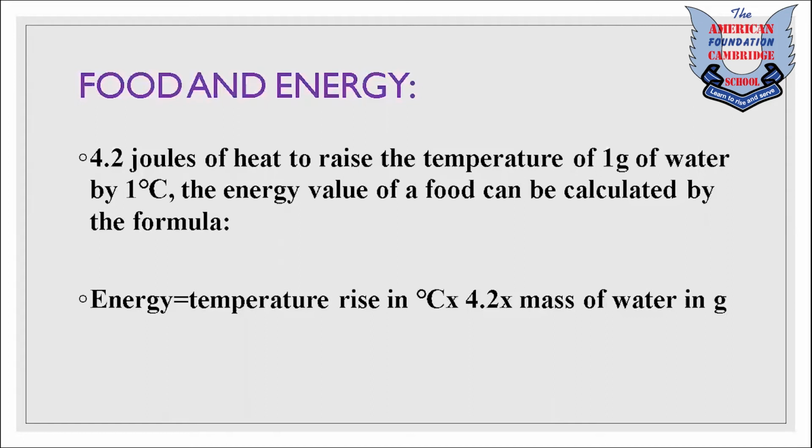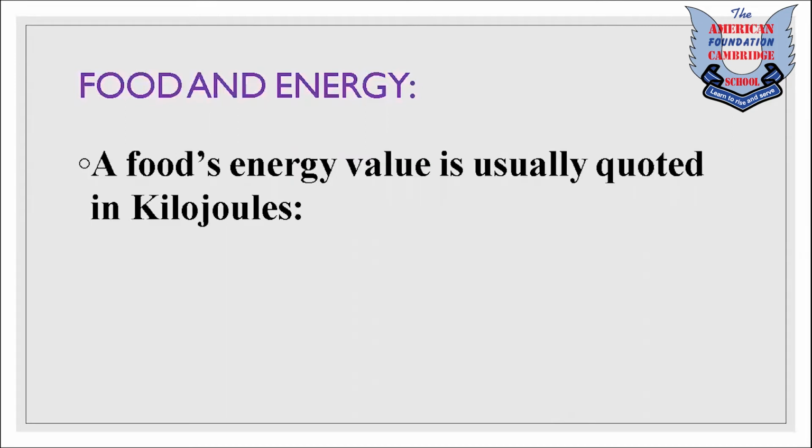Here you can say that it's 1 gram, right? So what will you get? You will get the total amount of energy, which will be 4.2, right? Why? Because the temperature rise is 1 and the mass of water is also 1.